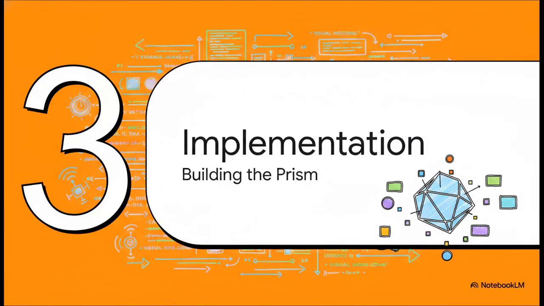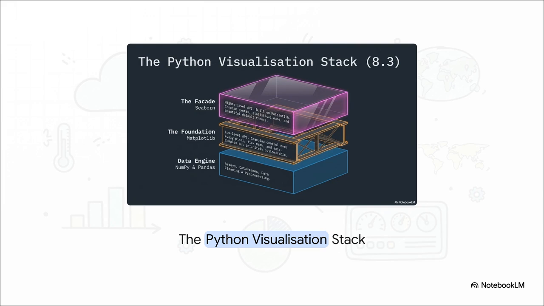And that brings us to our final step, step 3, implementation. Let's actually look at how we build this translation prism using code. So let's see how this all builds upon the Python visualization stack. Down at the base, you've got your data engine. That's NumPy and Pandas handling the arrays, the data frames, and all the messy cleaning. Above that sits the foundation, Matplotlib.